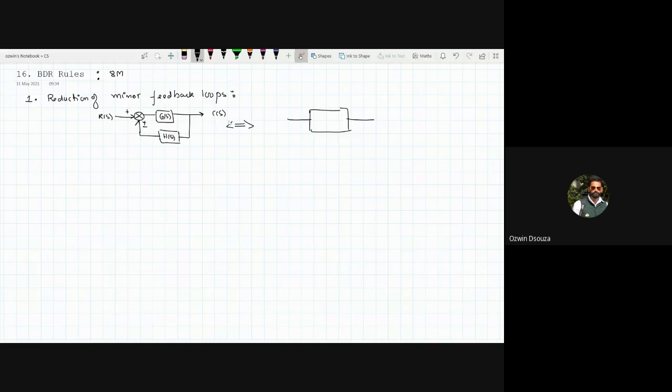Other day we had seen that for a closed loop feedback system, the overall transfer function is G of S divided by 1 plus or minus G of S into H of S. This is your input R of S, and this is your output C of S. Remember, we use plus sign for negative feedback and minus sign for positive feedback. So this is your first reduction rule, reduction of minor feedback loops.